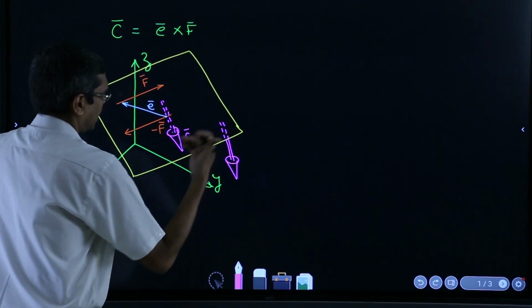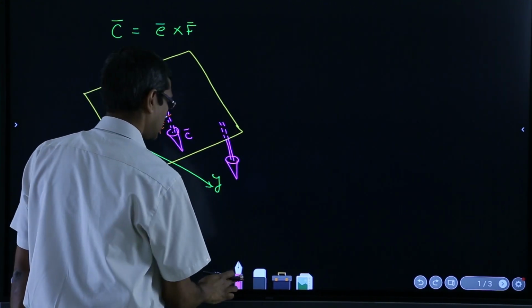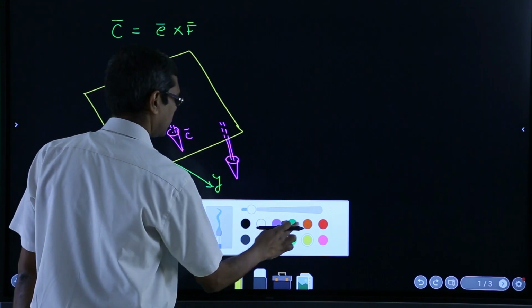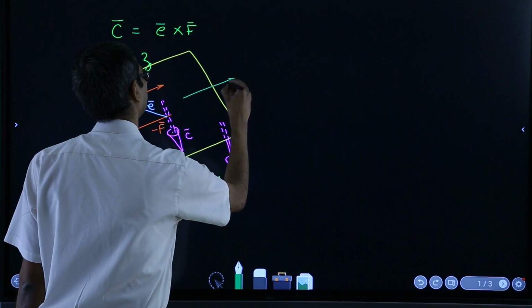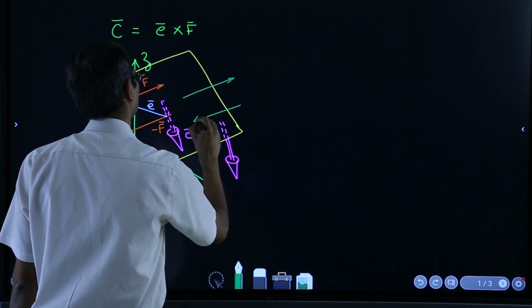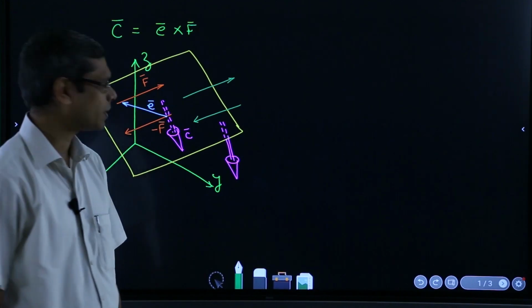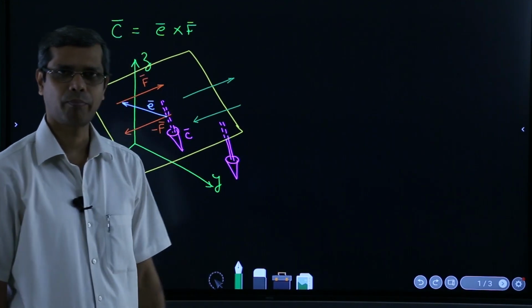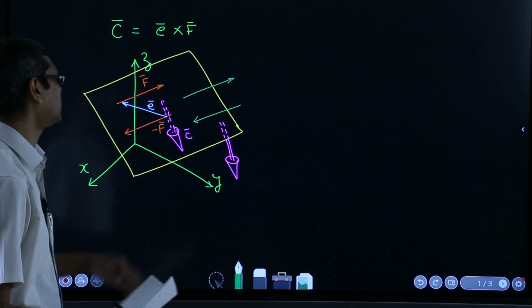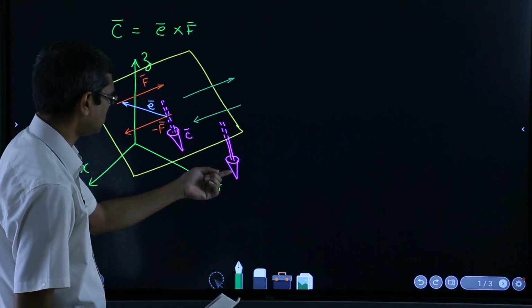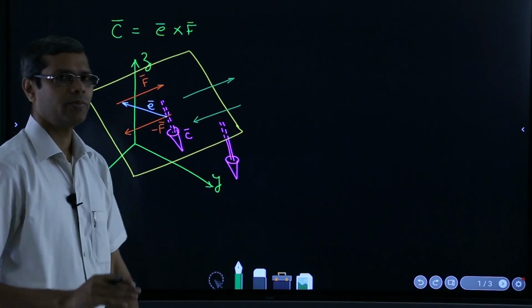So I am free to move this to this point, maybe here, like that. I have tried not to change the length and the distance between them, and I have tried to keep them on the same plane. That does not matter, because again this is a free vector. So that is one freedom which you get.